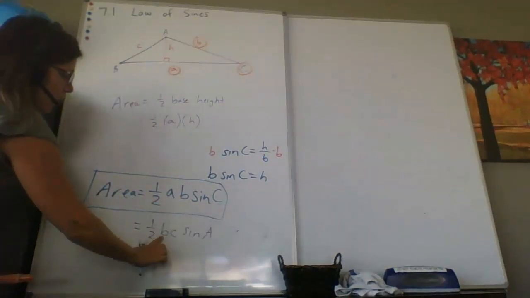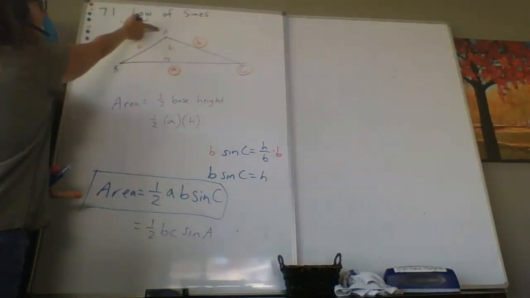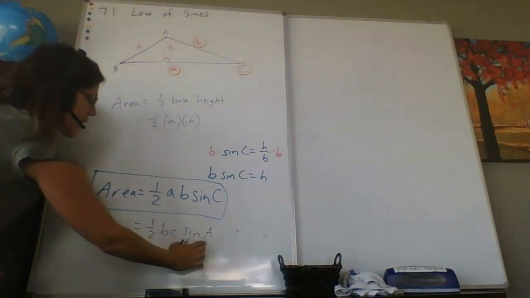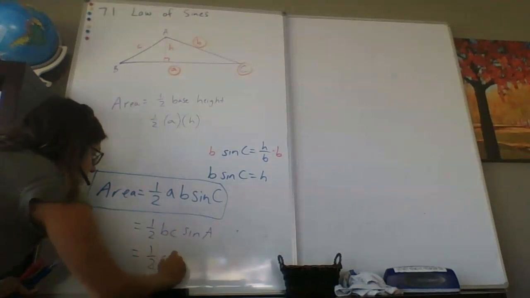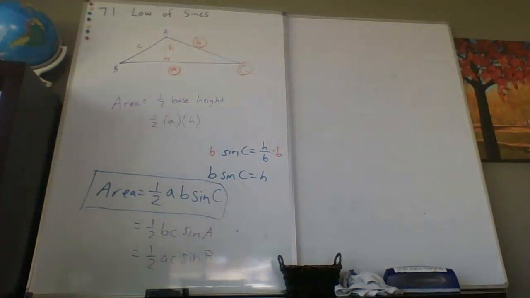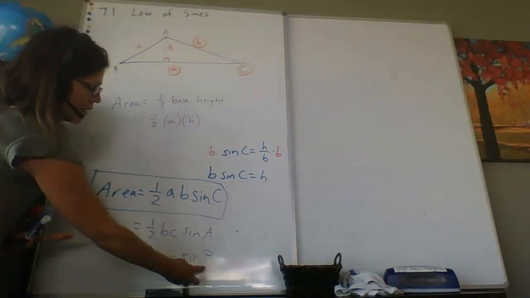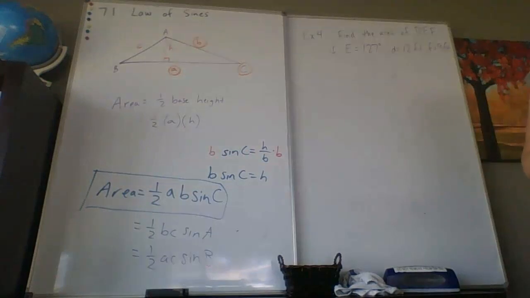If we wrote 1/2 BC, notice angle A is the angle between B and C, so it would be 1/2 BC sine A. And lastly, we could have 1/2 AC and now sine of B. Another way to remember this is that whatever two sides you're using, the other letter will be used in the angle. So now let's go ahead and apply this.